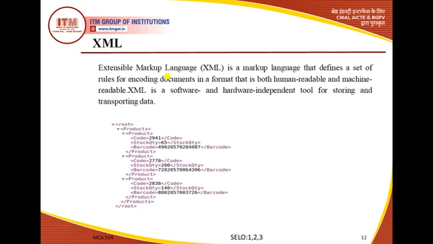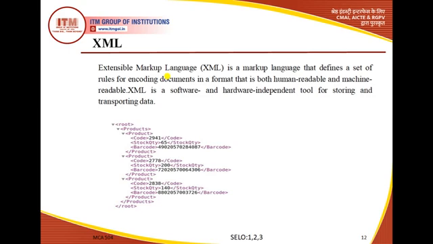Actually, Extensible Markup Language, or XML, is a set of rules used for encoding documents in a format which is both human readable as well as machine readable. It means certain documents are to be encoded, right?